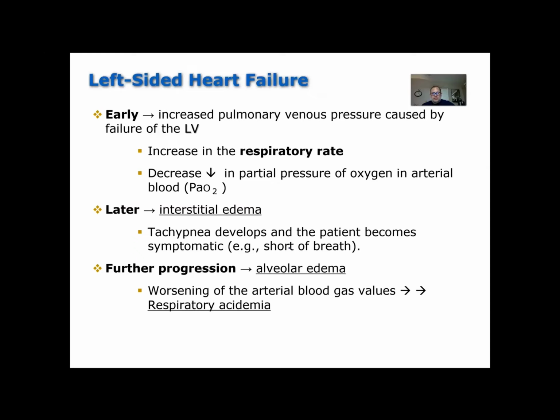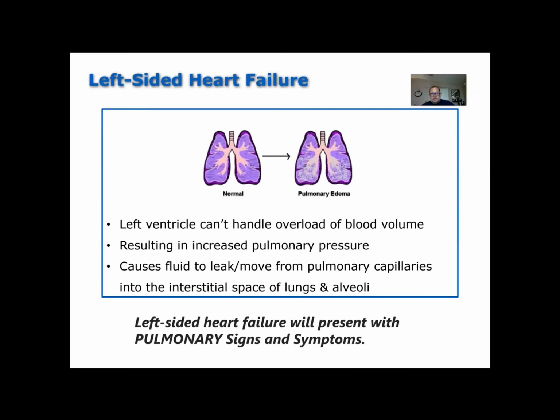Further progression is when your blood is backing up into the lungs, into the alveoli, and you're losing area for gas exchange, so you're looking at respiratory acidosis. If you can't do the gas exchange for oxygen and CO2, you're going to retain more CO2.